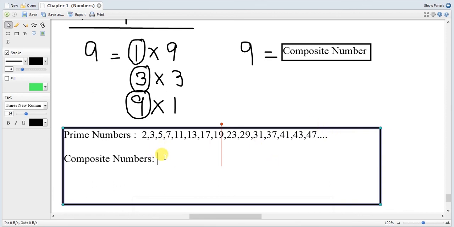The composite numbers start with 4, then we have 6, then 7, no, 8, 9, 10, 12, then we have 14, 15, 16, 17 is a prime number, 18, 19 is a prime number, 20 is a composite number, even 21 is a composite number, 22, 24, 25, right?